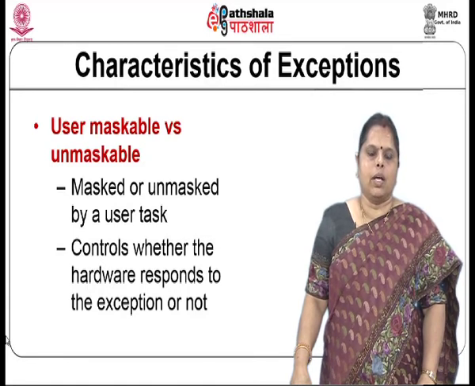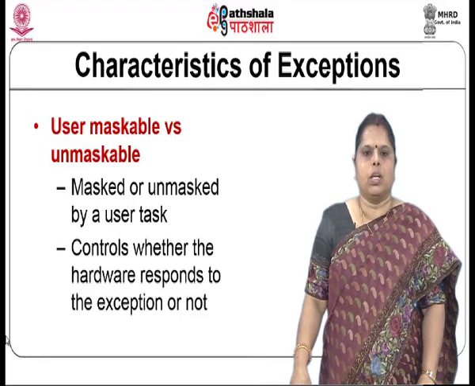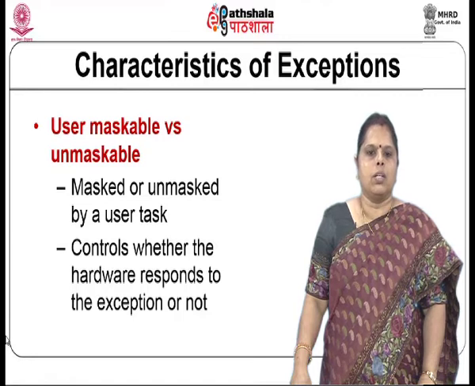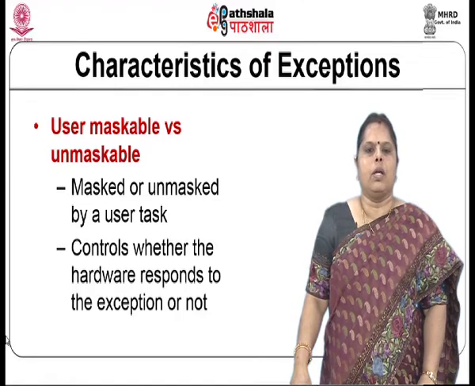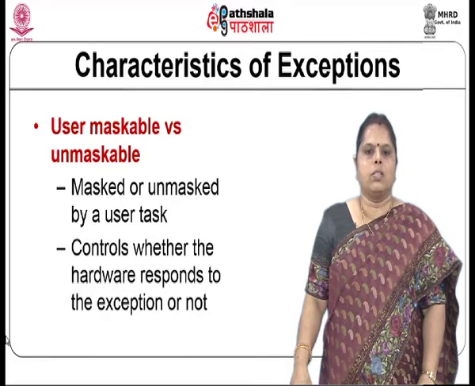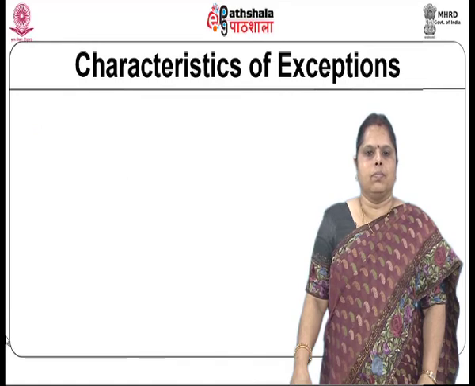If an exception is masked, then the hardware is not going to respond to that exception. If an exception is unmasked, then the hardware will respond to it. Whether an exception can be masked or unmasked depends on the architecture. You have certain instructions which will help you mask certain exceptions.